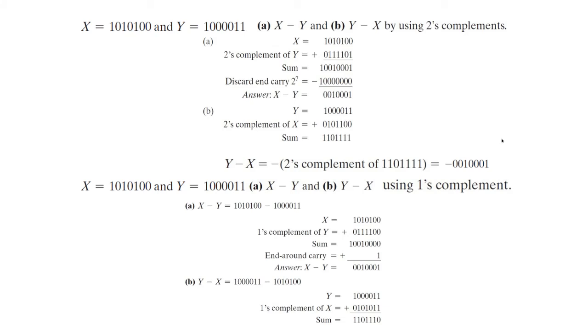So just continuing on, you can do the same thing with base 2. Here's your x and y, and here's our minuend and subtrahend. Same thing here. You could do x minus y. There's our first case, and here's our second case for that.